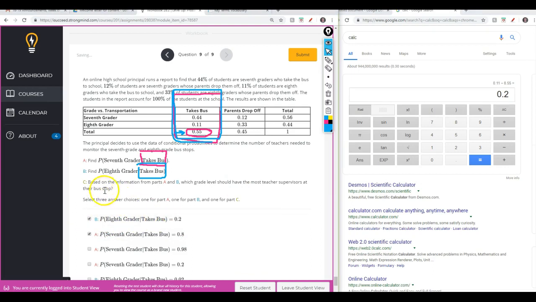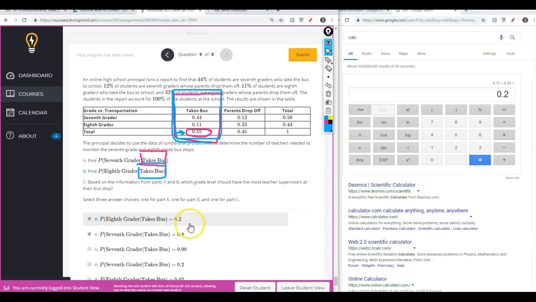So based on the information from parts A and B, which grade level should have the most teacher supervisors at their bus stop? Well, 80% of the students that are on the bus are 7th graders versus 20% of the students that are on the bus are 8th graders.